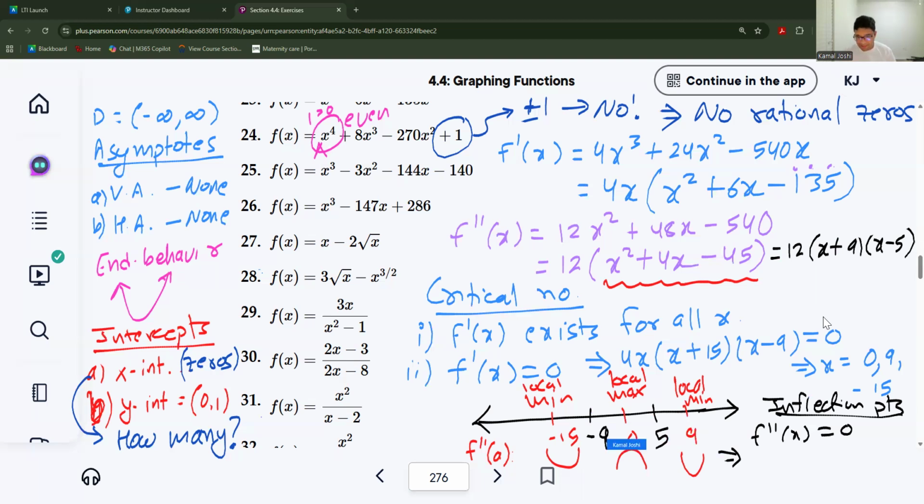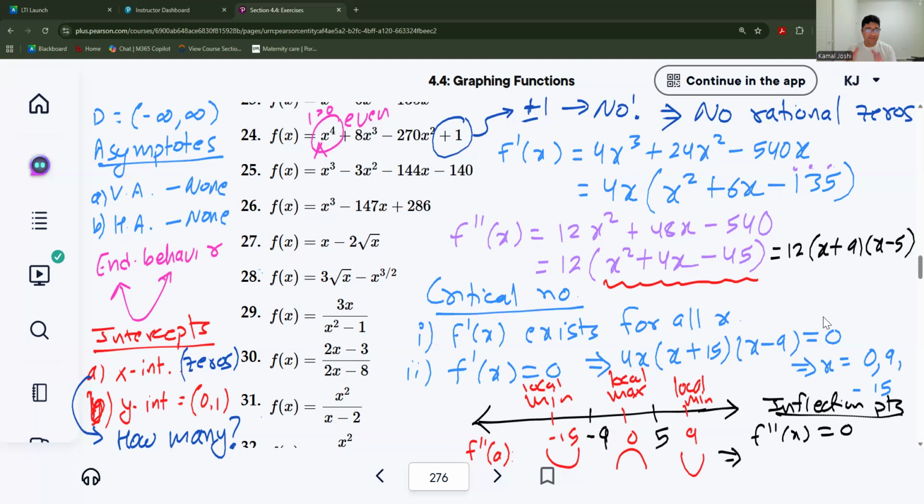Okay. And luckily, our second derivative test already happened here. What do we do after we find the points where the second derivative is 0, which is minus 9 and 5 in this case? We are supposed to take one point in each interval, right? One to the left of minus 9, one between minus 9 and 5, and one to the right side of 5. And check for the second derivative, is this concave up or concave down?